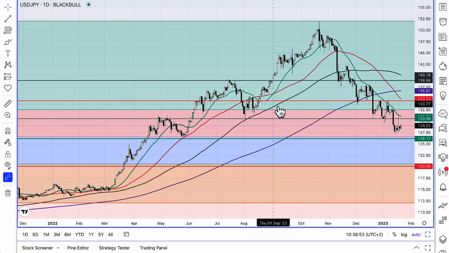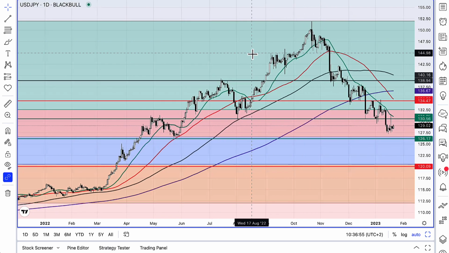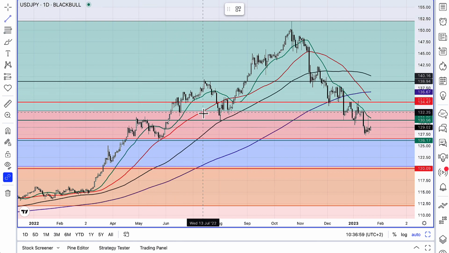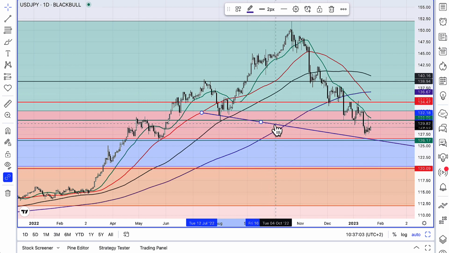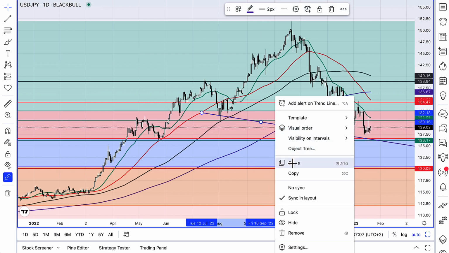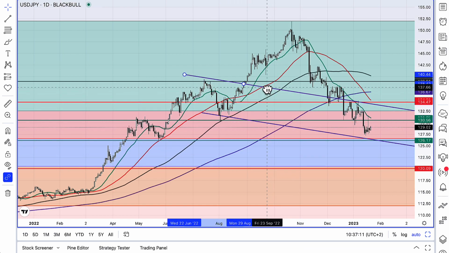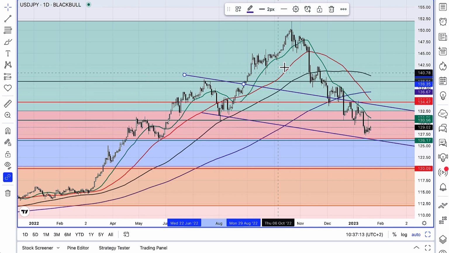But right now, remember, we're starting to form a lopsided head and shoulder. So we've got an angled head and shoulder. It's not straight. And because of that line there, we've got a new low on this chart. So we'd probably expect the shoulder to be in a channel line like that.